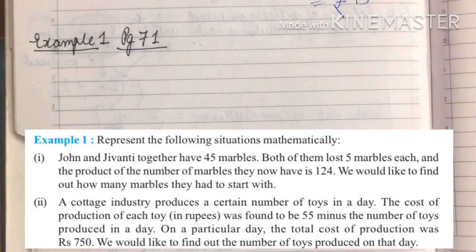First, let the values. Second, make an equation. To let the values, I'm using the first line, the total number of marbles, and to make the equation I'm using the second line, which is the number of marbles they now have after losing 5 marbles each is 124. This is what I will use to make the quadratic equation.